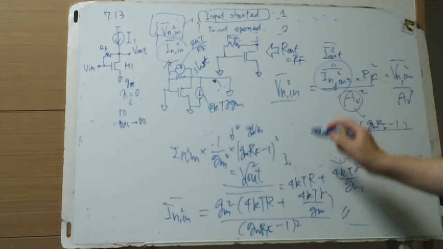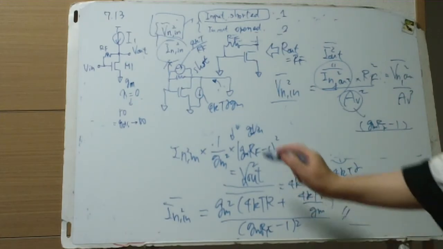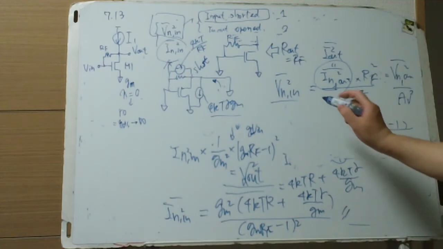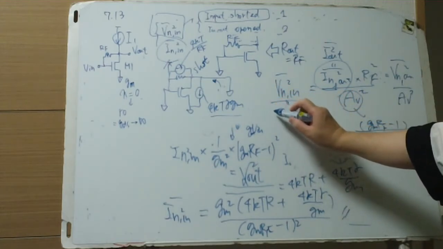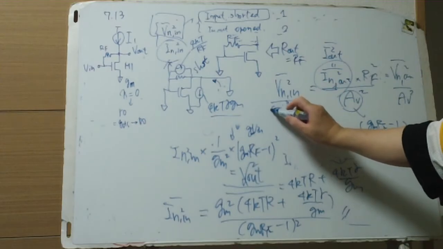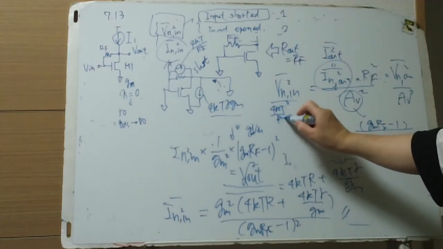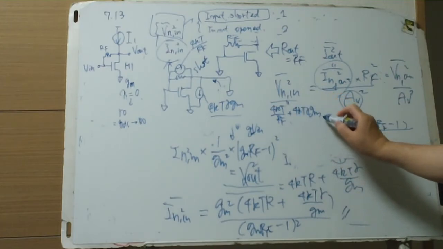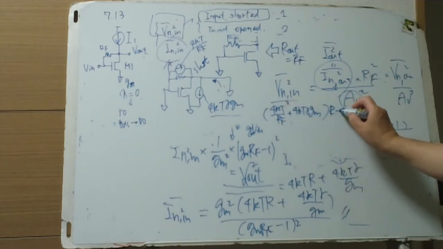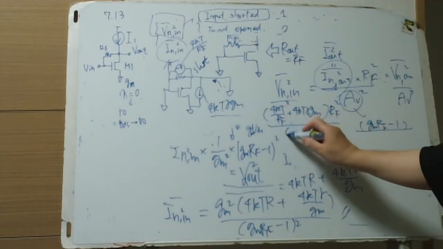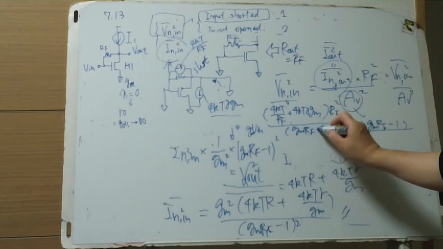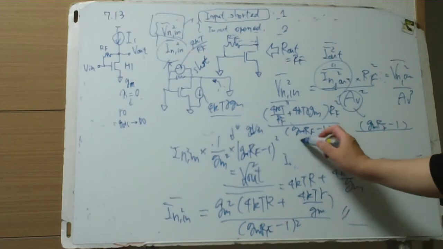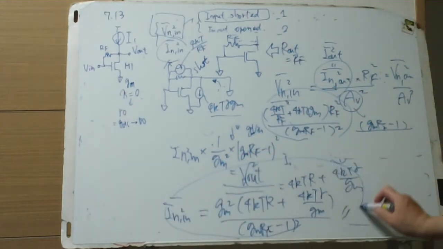So I n1 out squared equals this plus this, in other words, 4kT over RF plus 4kT gamma GM times RF squared, divided by (GMRF minus 1) squared. These are the same results.